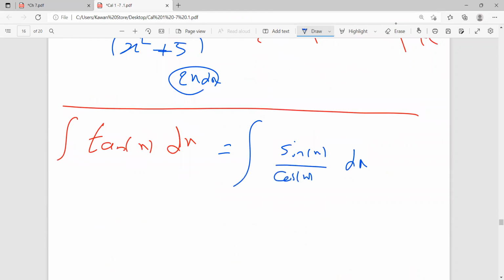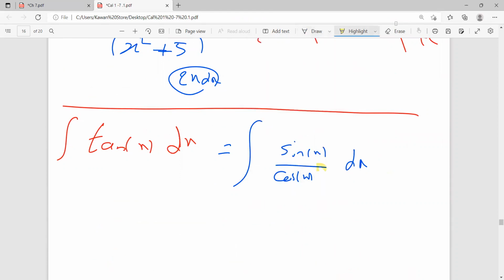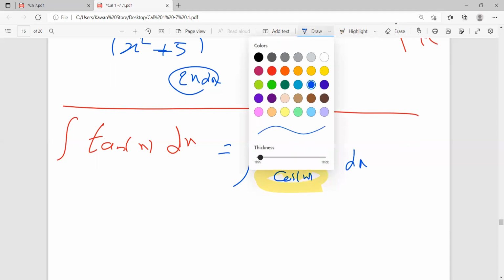Okay, so tell me about the next step. Think about what you have. You have a fraction. So I'm going to ask myself, we have a fraction, here is the denominator, what is the derivative of cosine? Minus sine.